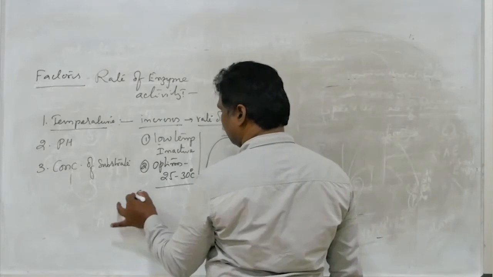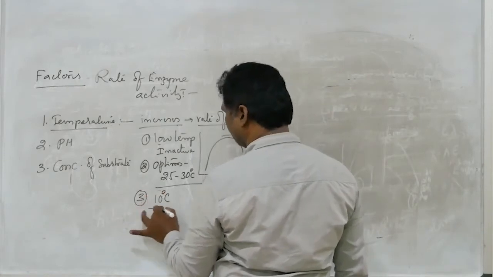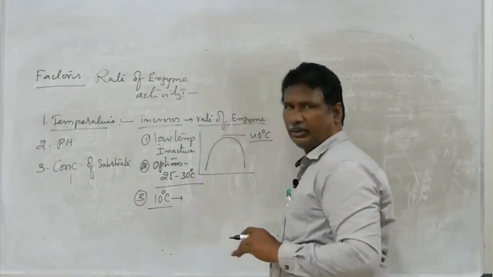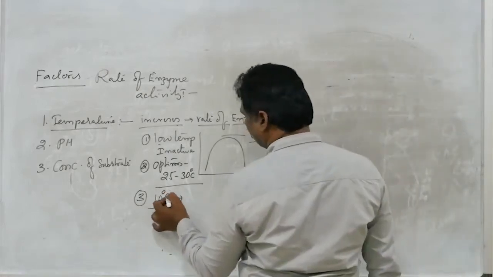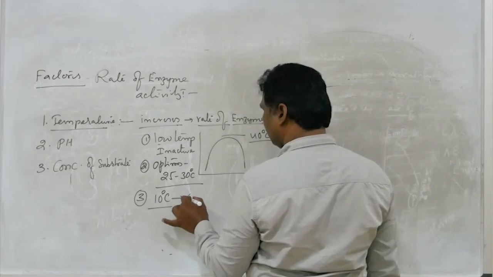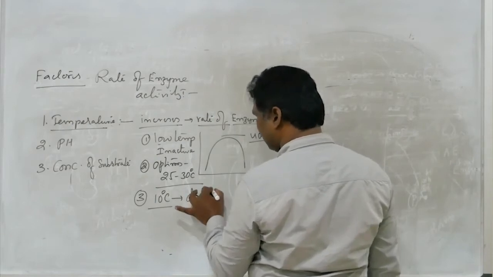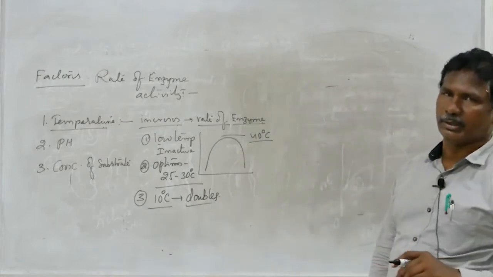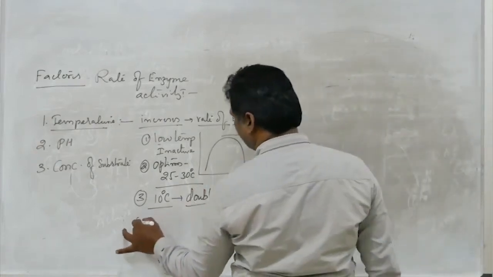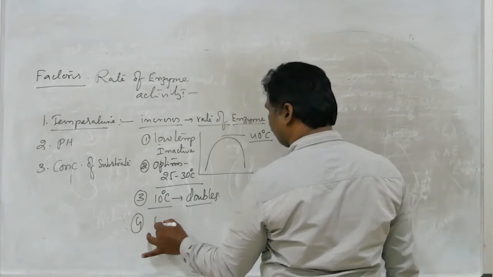And third one, according to the left hand tumbler, for every 10 degrees increase in temperature, the enzymatic activity doubles.